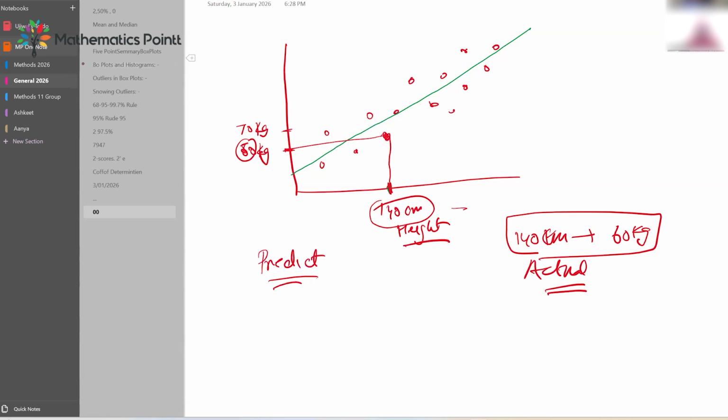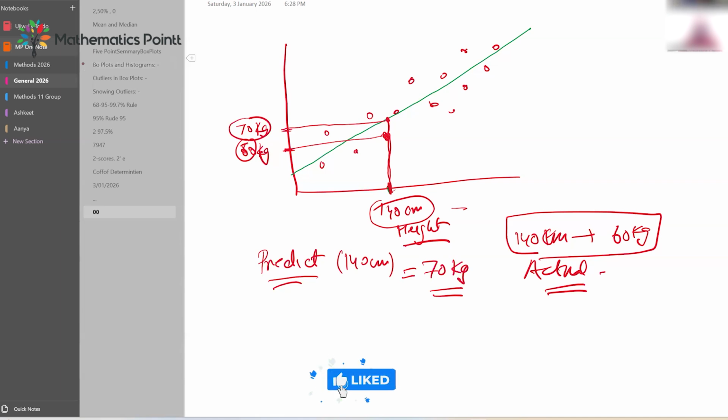But then I told you that the least square regression line, this green line, helps us to predict as well. So what is the predicted value for this person who's got height of 140 centimeters? So I'll go here. I'll say, okay, let me see where this is hitting my least square regression line. Hang on. The prediction tells me that it should be 70 kilograms.